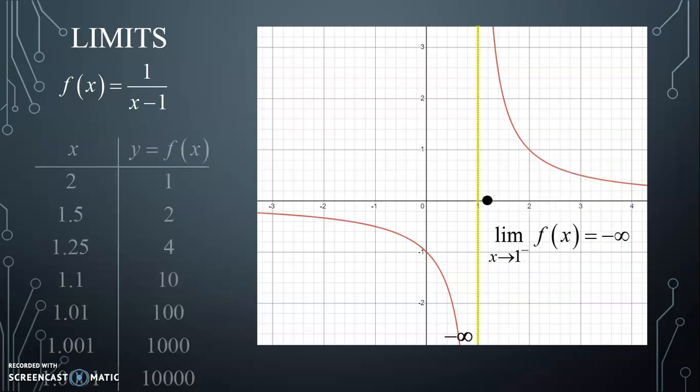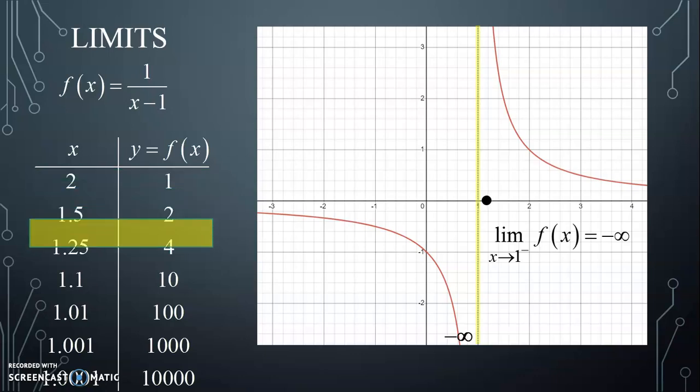So doing that, now let's approach 1 from the right side. Now we can see here that I started randomly at x equals 2 because 2 is on the right side of 1, and then I started to approach x equals 1 from the right side by taking these different values of x.